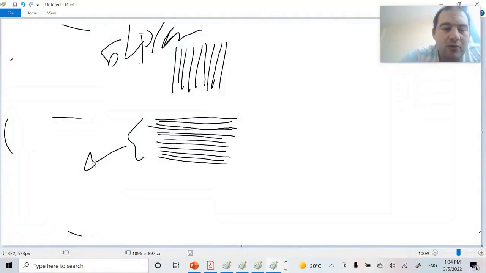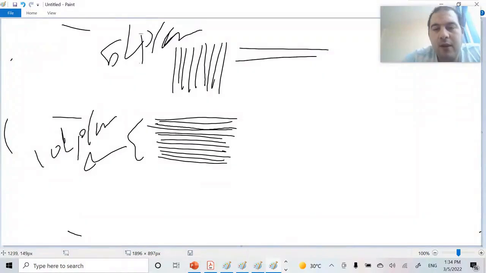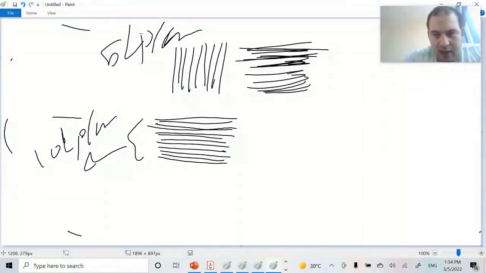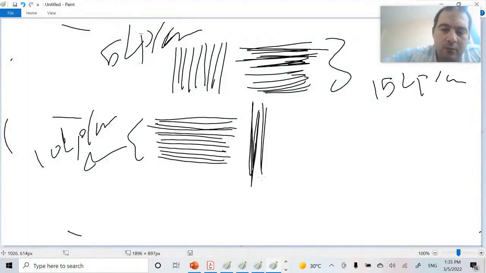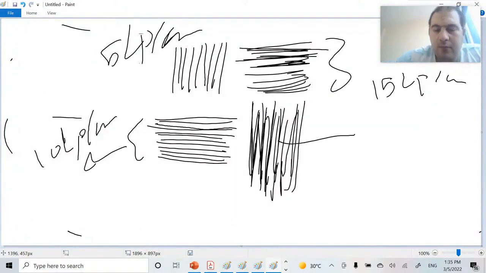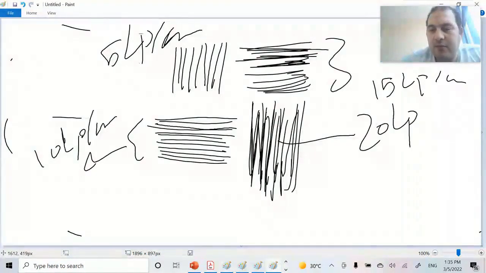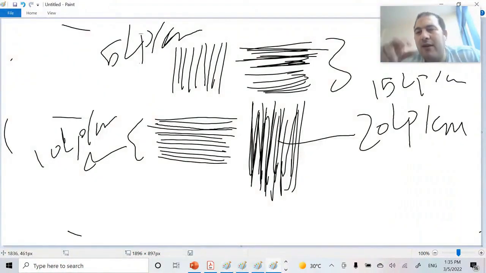I will tell this group 10 line pairs per centimeter, this group 15 line pairs per centimeter, and this group 20 line pairs per centimeter. The more you increase the number of line pairs per cm, the more you reduce the spaces between line pairs.